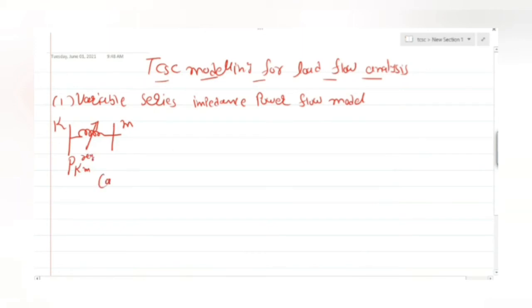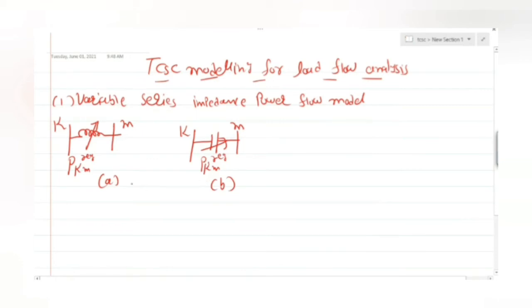This is figure A. Similarly, the TCSC equivalent circuit for a capacitive one: if the capacitive reactance is provided in the transmission line, then your equivalent circuit becomes like this one, PKM. So the first figure is for the inductive region, the second, B part, is for the capacitive region.